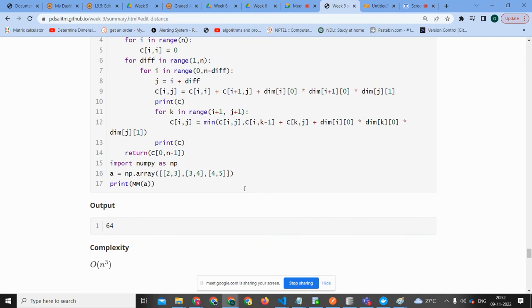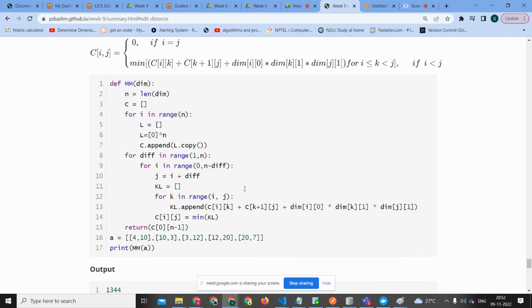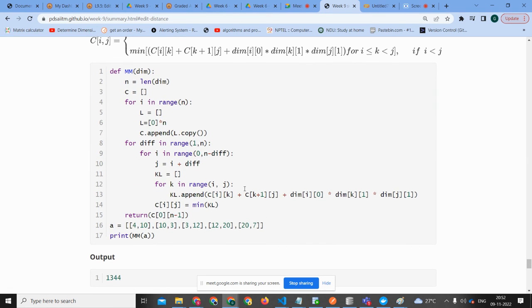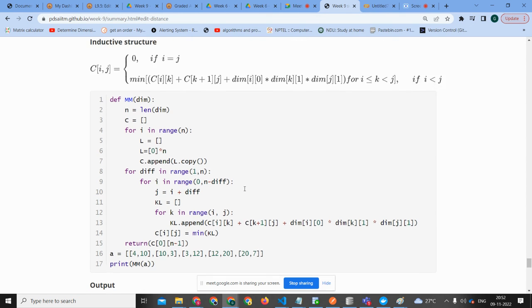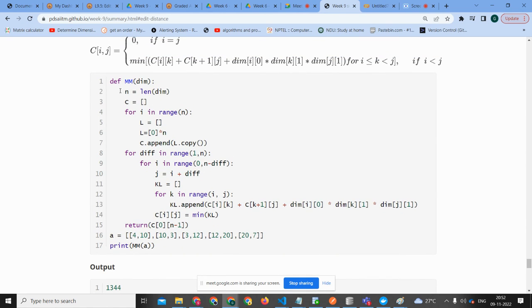Here they have given a different test case, and there they have given a different test case. Probably the speed of computation is different. Complexity is okay, but there is a difference in speed, maybe the number of operations involved. But it's ideal to look into both. Let's first check the inductive structure.